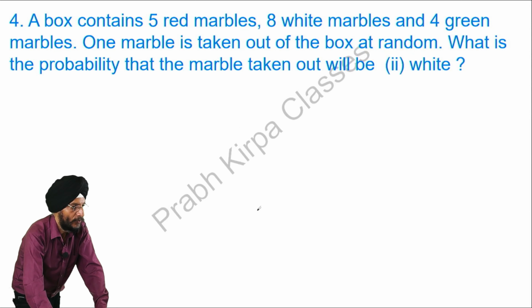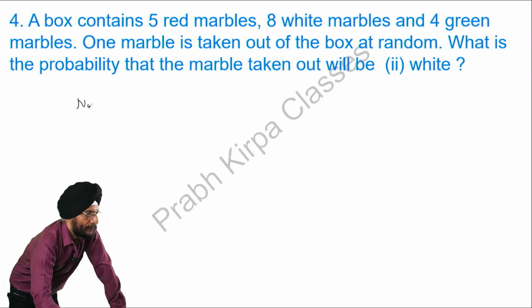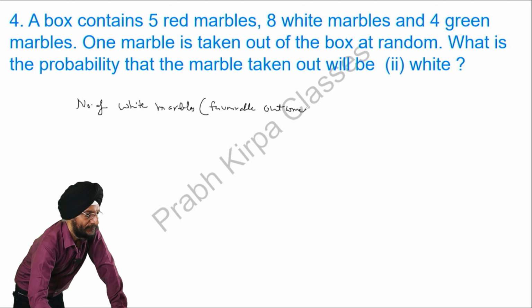So the next part of the question is the probability of getting a white marble. Number of white marbles, favorable outcomes, is equal to 8.